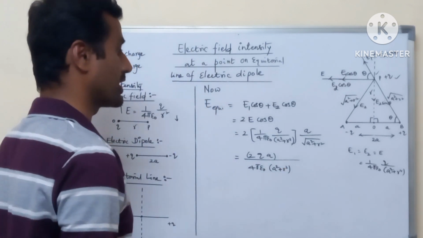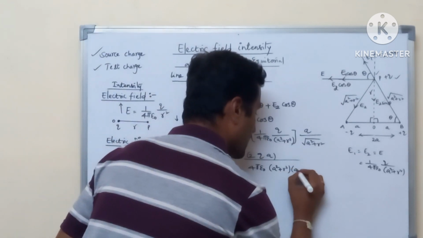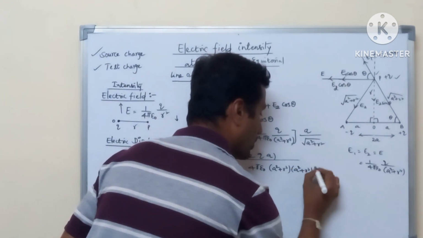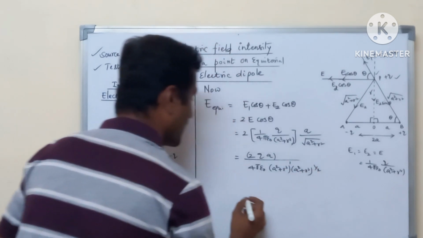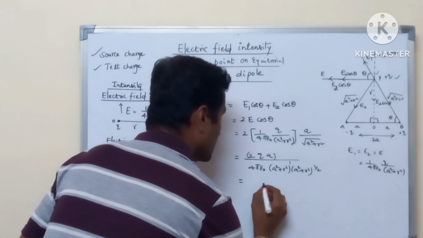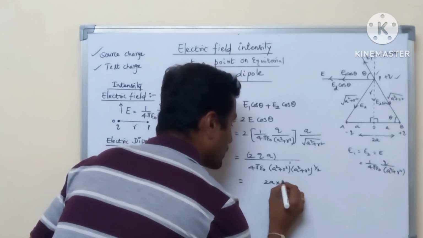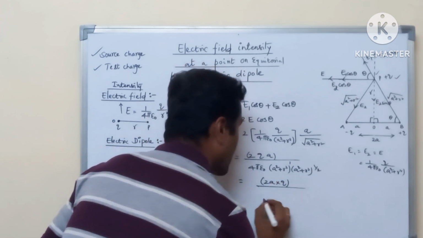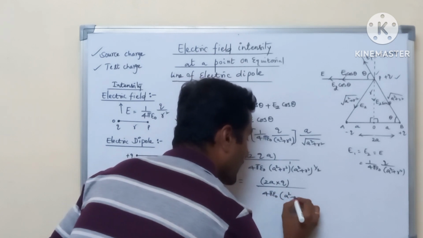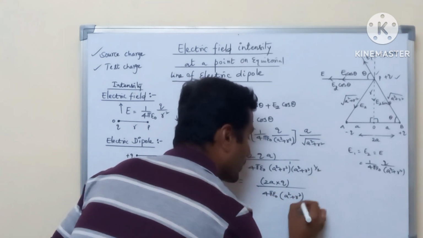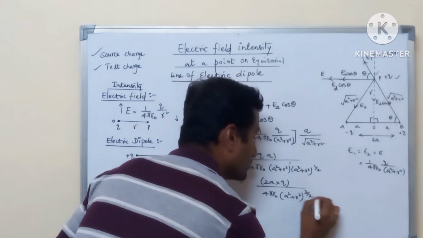The square root of a square plus r square can be written as a square plus r square whole to the power of 1 by 2. Here the bases are equal, therefore the powers can be added. So we get 2a into q divided by 4 pi epsilon naught a square plus r square whole to the power of 3 by 2.